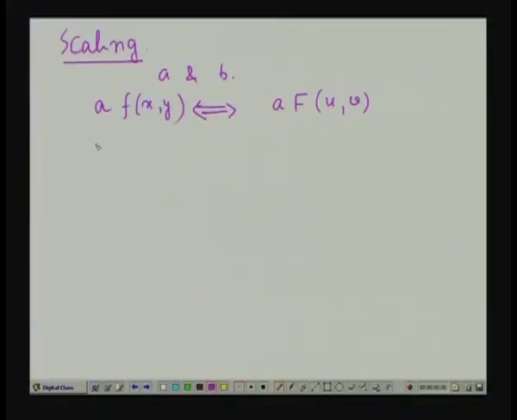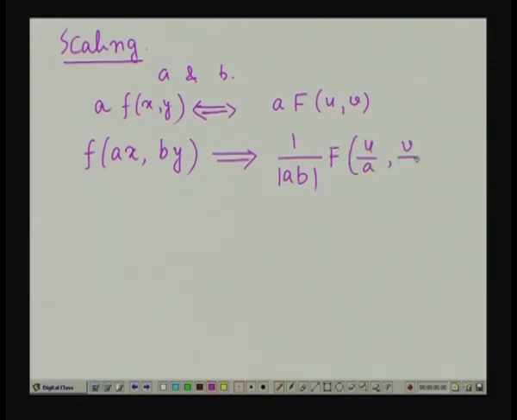And the second one is, if I take f of a x, b y, that is, you scale the individual dimensions, x is scaled by the scalar quantity a and y is scaled by the scalar quantity b, the corresponding Fourier transformation will be 1 upon a into b, then F of u by a and v by b, and this is the reverse.